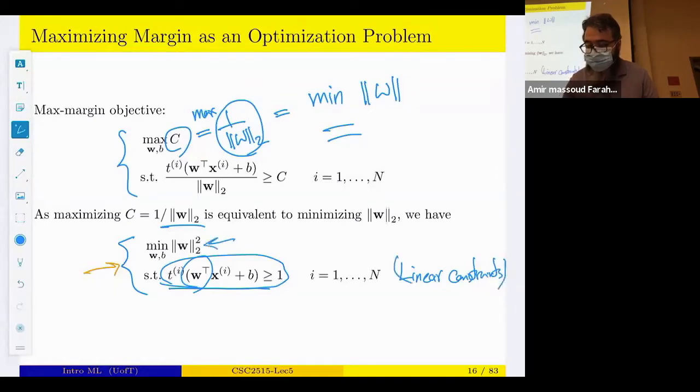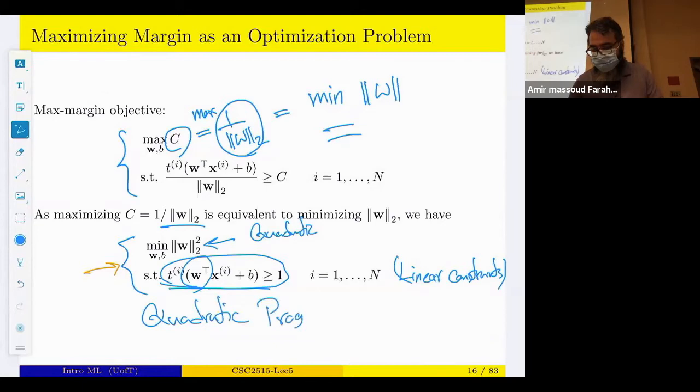What about the objective? It's a quadratic objective. So if you have an optimization problem which is quadratic in its objective and linear in its constraints, it's called a quadratic problem, or QP. That's right. Okay, nice.